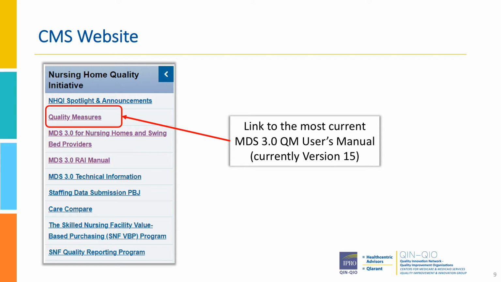A couple of helpful hints: you may also note that other links related to things such as Care Compare, value-based purchasing, and the SNF quality reporting program are also on this slide. Something else that may help you with your full understanding of how this all ties together: when you go to the quality measures link, at the bottom of the page is the link to the 5-star quality rating system page that offers an enormous amount of information and downloads.